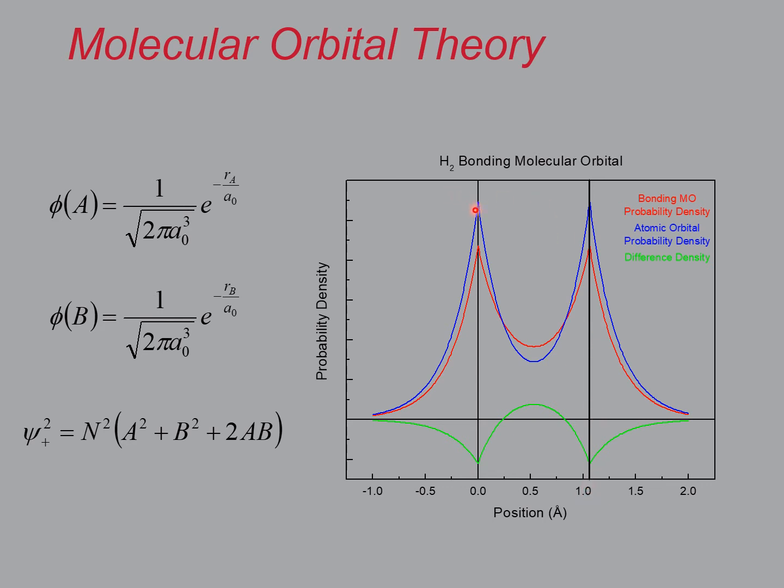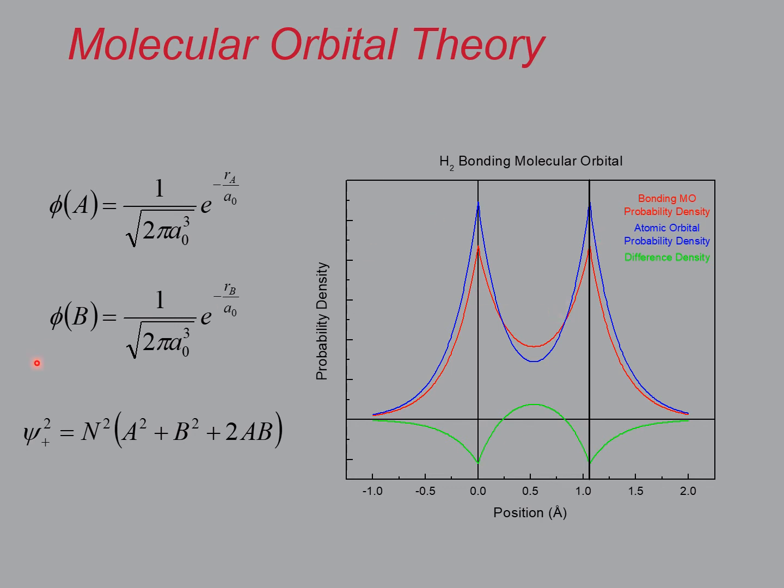And the blue line here shows the exponential decay of the electron probability density from the electron in hydrogen atom A, and it is the same exact thing for the electron of hydrogen atom B.